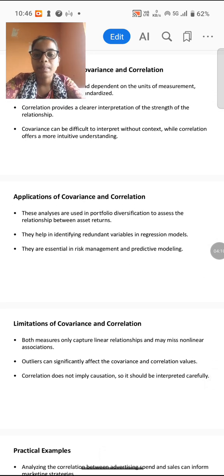When it comes to the applications of covariance and correlation, they have a wide range of applications in various sectors, like finance and healthcare. In finance, correlation and covariance are used for portfolio diversification. In regression models, they are used to identify redundant variables, meaning repeated variables.